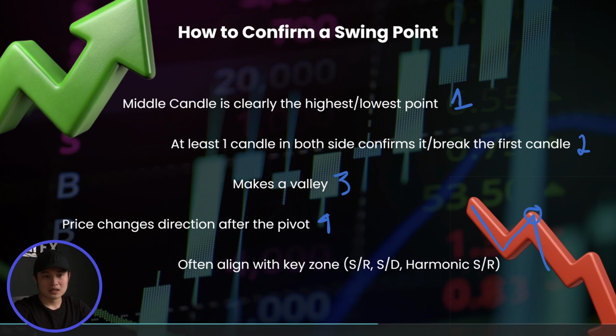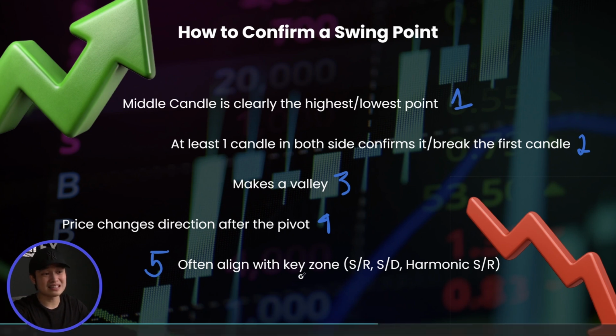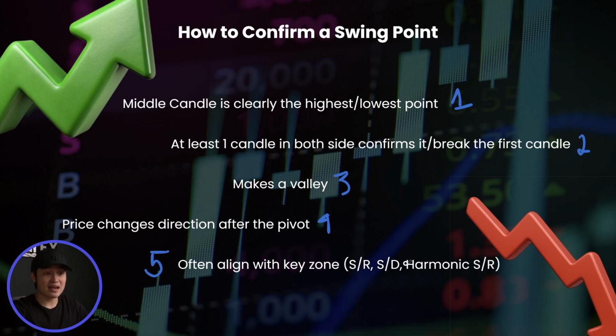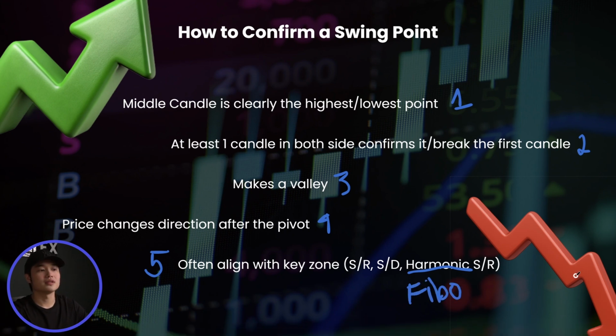Okay, and then number 5: it is often aligned with a key zone. Okay, support and resistance, supply and demand, and harmonic support or resistance. For the harmonic support and resistance, we will use Fibonacci here.